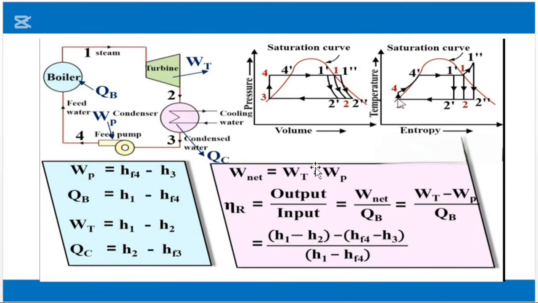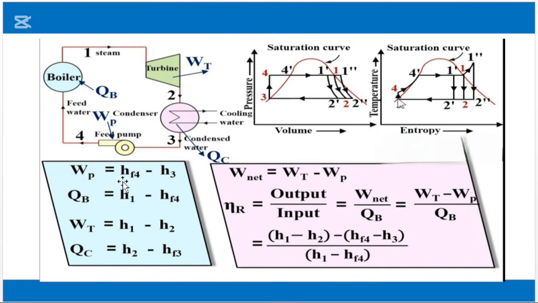Now finally our aim is to calculate the efficiency of the Rankine cycle. So let's look into WP. We are starting from here, work done provided by the pump. Now the pump is between number 3 and number 4. So it is the enthalpy difference between 3 and 4. So you have to tell me where is more enthalpy. We have more enthalpy here. Why? Because the pump has compressed the water and then enthalpy has increased.